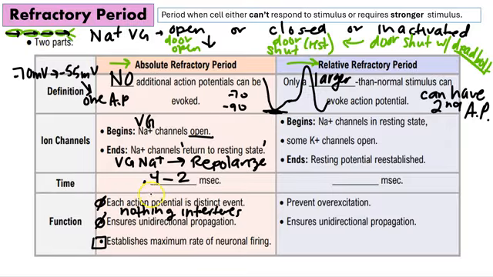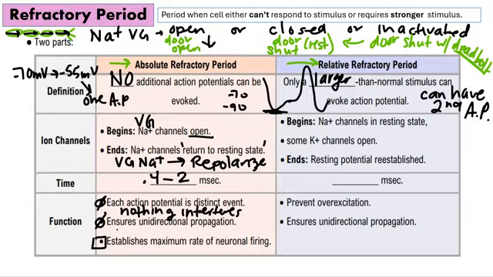What's that time frame? 0.4 to 2 milliseconds. Think about it. The absolute refractory period establishes the period of time the neuron can't fire because we're doing one action potential at a time. So inherently, that allows it to establish how many action potentials can fire in a specific time frame.